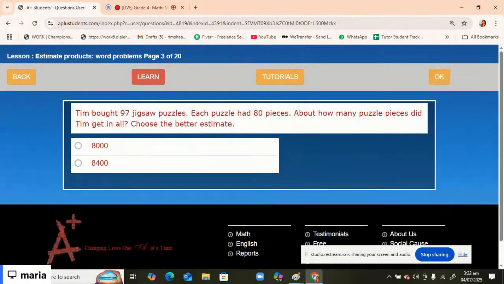Tim bought 97 jigsaw puzzles, each has 80 pieces. About how many puzzle pieces did Tim get in all? Choose the better estimate. Now you're going to write this question and then solve it by yourself. First of all, it's 97.